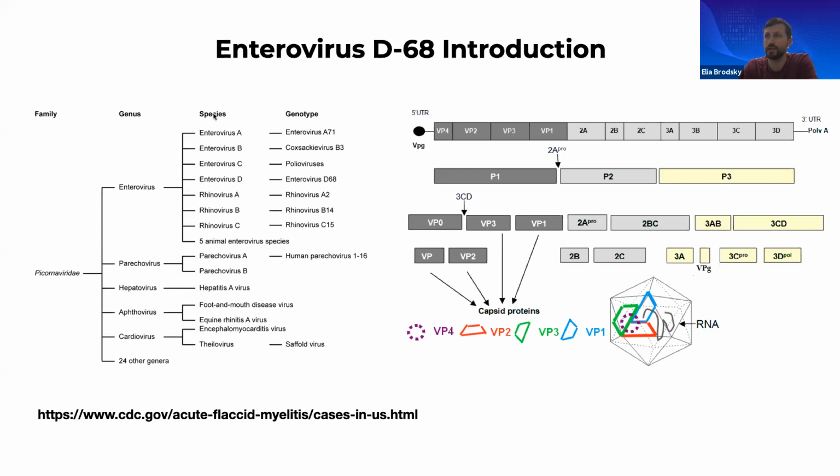So as you can see right here, we have the phylogenetic tree, and so we have the enteroviruses. The enteroviruses include viruses like EVD68. There are polioviruses, which are enteroviruses C, Coxsackie, EVB3. And then they're also together with rhinoviruses.